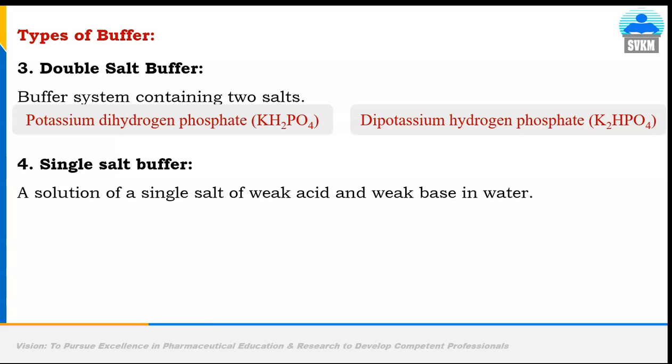A solution of a single salt of weak acid and weak base in water. For example, ammonium acetate is a single salt buffer. Acetic acid is the weak acid and ammonium hydroxide is the weak base, which combined together form a single salt buffer.